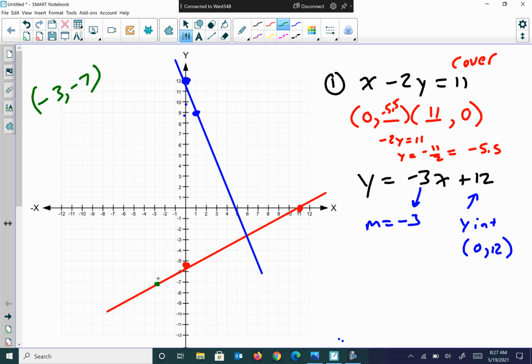You got it? Cool. So the negative 3x is where the slope goes. So I plot the y-intercept, 0, 12. Then I come down 3, go right 1, down 3, right 1, down 3, right 1 each time. All right, so does everyone feel that answer A can't work?